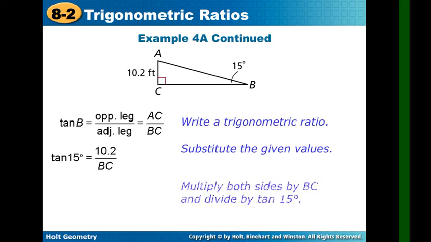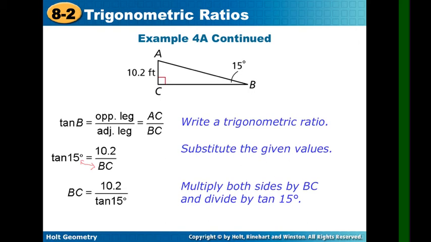After that, multiply both sides by BC and divide by tangent 15. Or simply, pwede namang i-exchange position yung dalawa. Si BC mapupunta doon, si tangent 15 degrees mapupunta sa denominator ni 10.2. Ganyan siya. And then, pwede mo nang i-compute yan using your calculator.